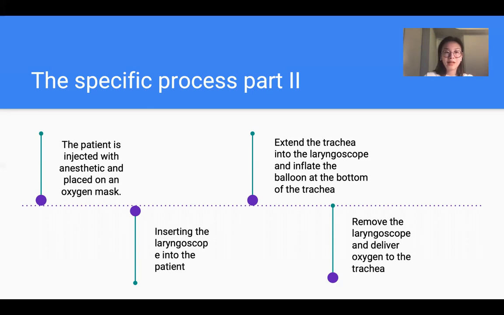Check to make sure that the tube is in the right position. This can be done by taking an X-ray or by squeezing air from the bag into the tube and listening to the breath. When the series of operations is completed, the tracheal tube is ready to provide oxygen to the patient, and the doctor can do the next step of the treatment.